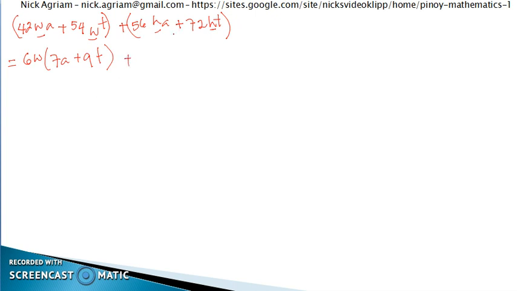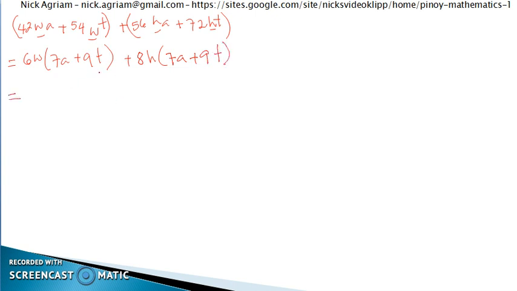And the other one, we have 56 and 72. What would that be? We can take 8H. Then we have 7A plus 9T.